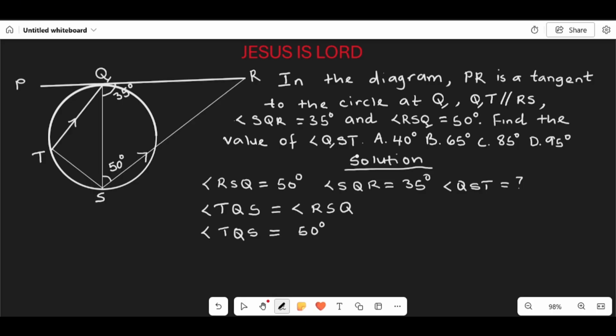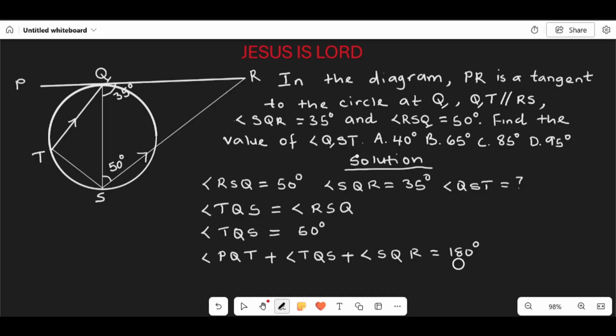So we can say angle PQT plus angle TQX plus angle XQR is equal to 180 degrees, because the sum of angles on a straight line is equal to 180 degrees.